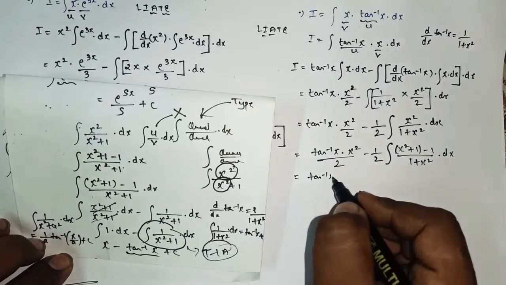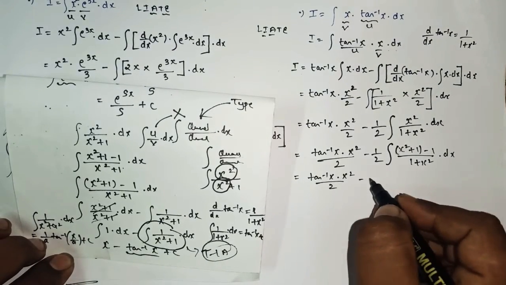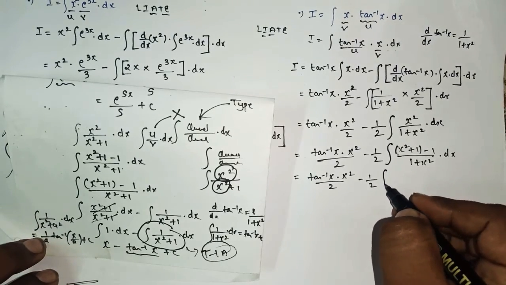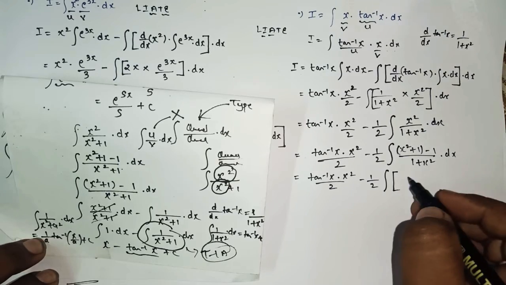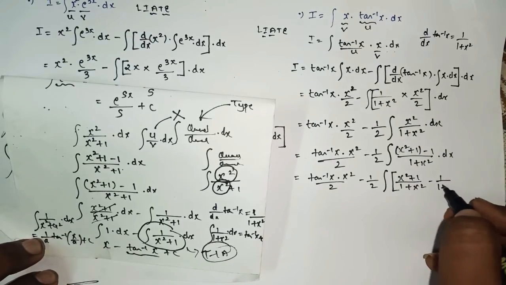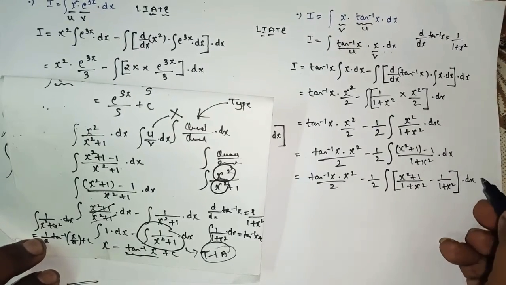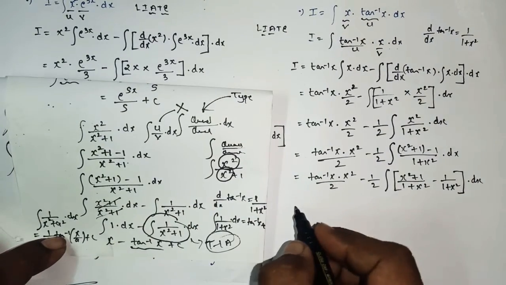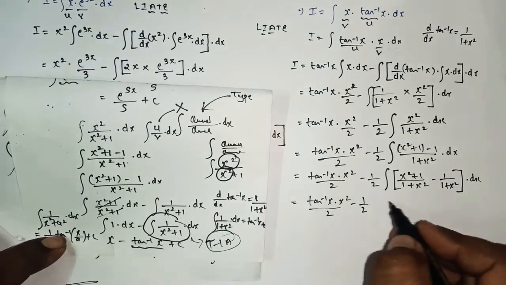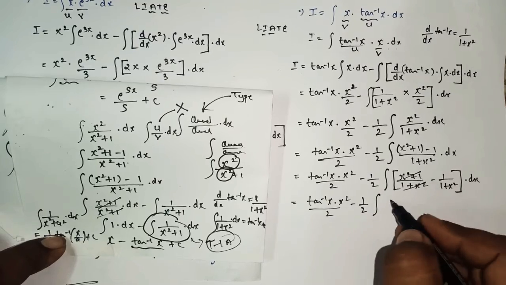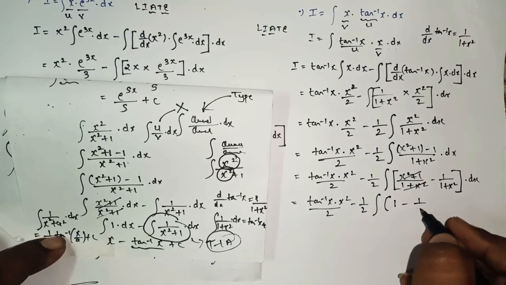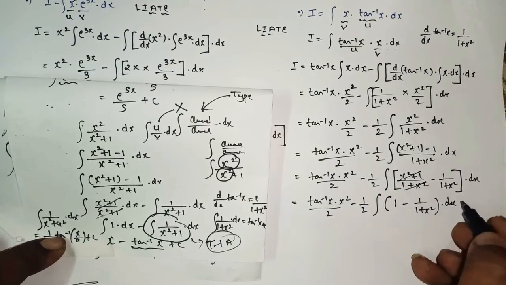So tan inverse x into x square upon 2 minus 1 by 2, yes or no? So here separate the denominator, so x square plus 1 upon 1 plus x square minus 1 upon 1 plus x square into dx, yes or no? Got the point? So here this will be tan inverse x into x square upon 2 minus 1 by 2 integration, this is what? 1, as clearly we can see that x square plus 1 is common here, minus 1 upon 1 plus x square into dx.